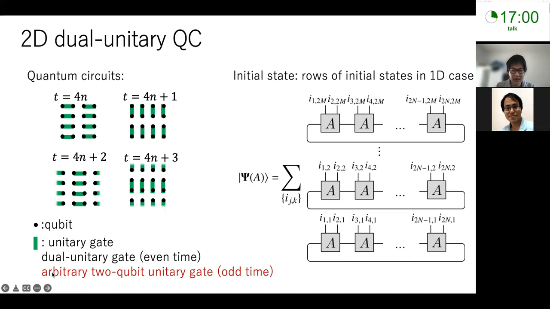Please note that we allow arbitrary two-qubit gates, not only dual-unitary gates, but arbitrary unitary gates at odd time. So this is a major difference between the 2D and 1D settings. And the initial state, the solvable initial state, is similar to the initial state in the 1D case. So we arrange the 1D solvable state.